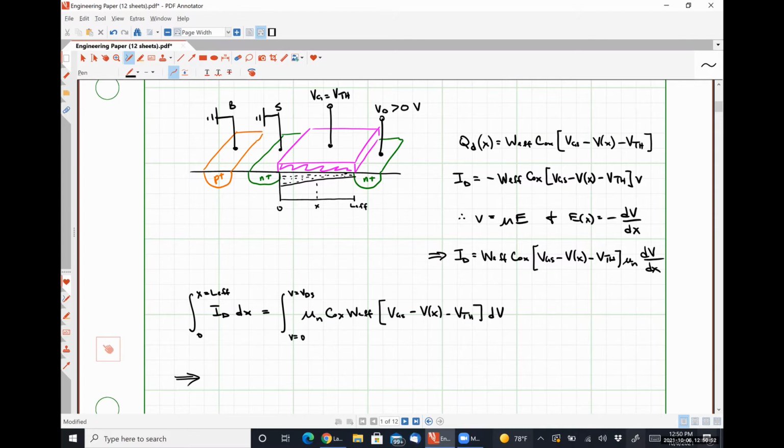No, because to do so would violate the law of conservation of charge, right? So we could take ID outside, and when we take the integral from 0 to L effective for the position, that's just really multiplying the drain current by the length of the channel, right? So I'm going to move that L effective to the other side of the equal sign by dividing both sides by that.